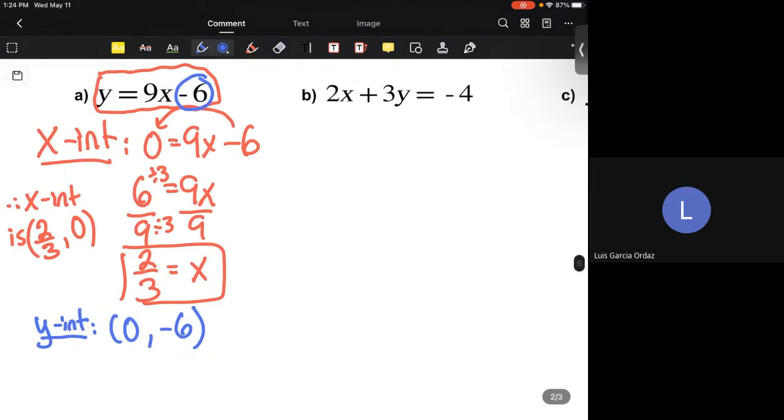Okay, Adam, for the next one, 2x plus 3y is equal to negative 4. Which one do you want to find first, x or y? Okay, you want to find the y-intercept? Yeah. So what do I need to set equal to 0?